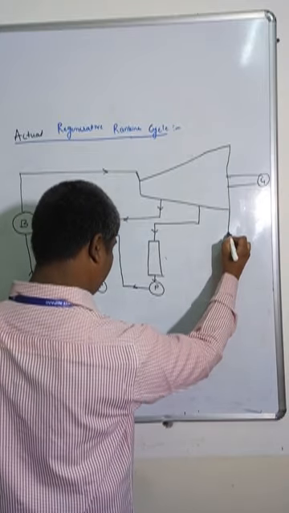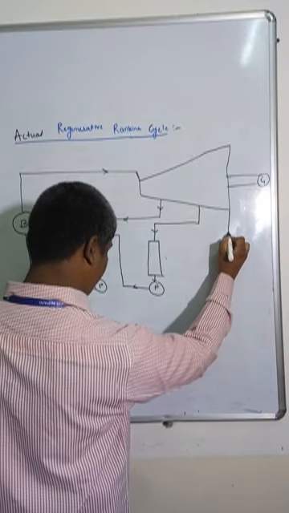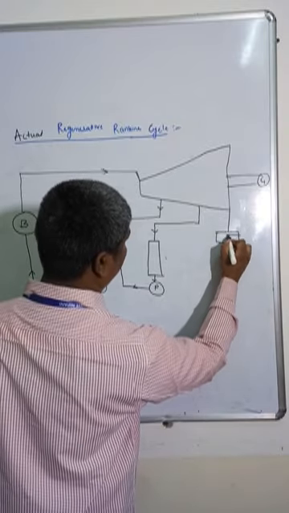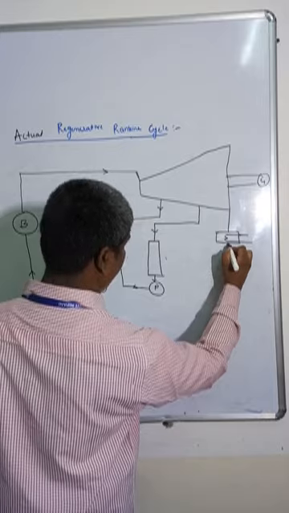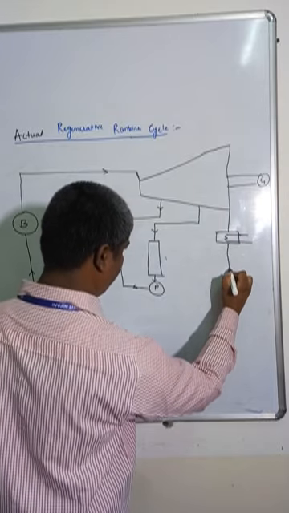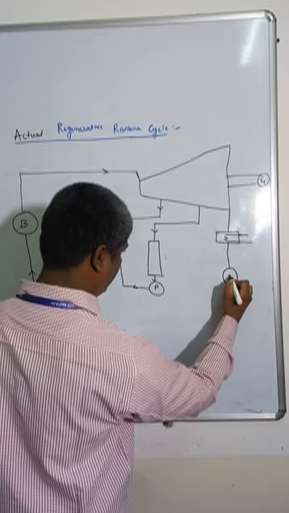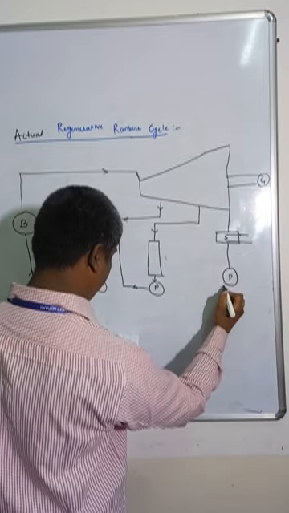This is the exit of the turbine. So here we have the condenser. From this I am taking out through the pump.